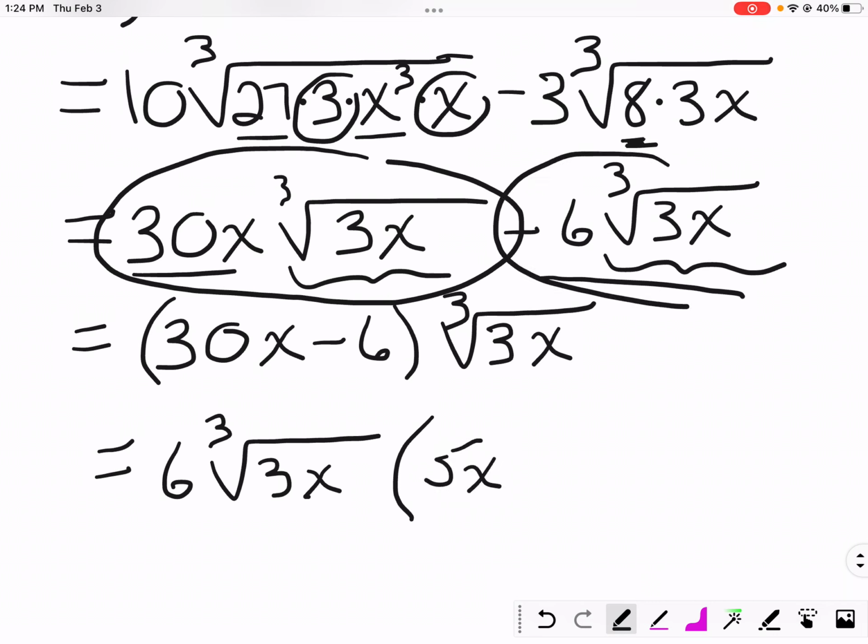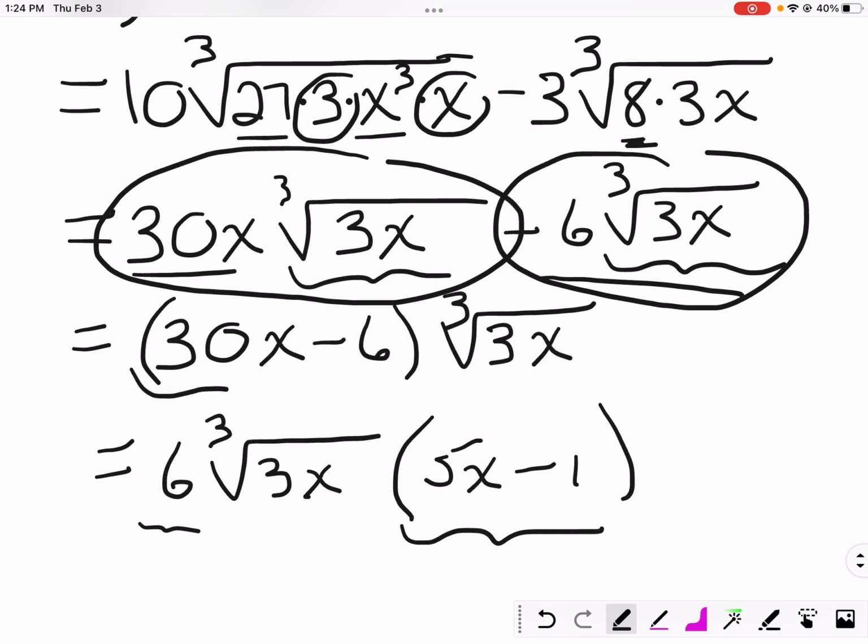When I divide this by 6 cube root of 3x, I'm left with 1. I could write it like that. And hopefully you see that this times that is the same as this. Either one of these two answers would be totally good.